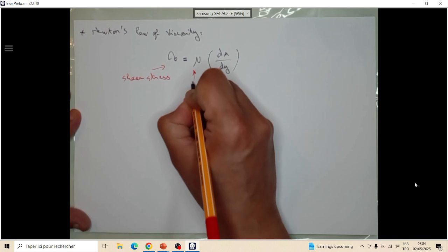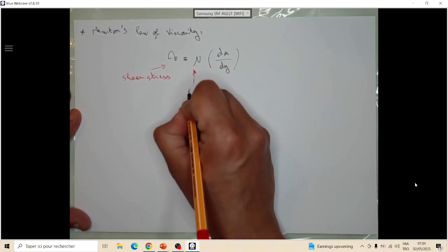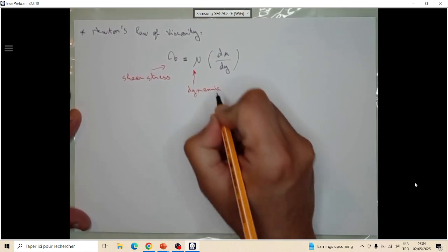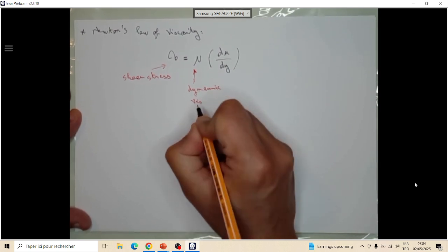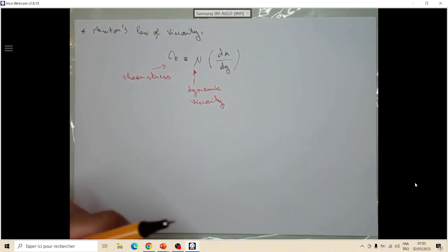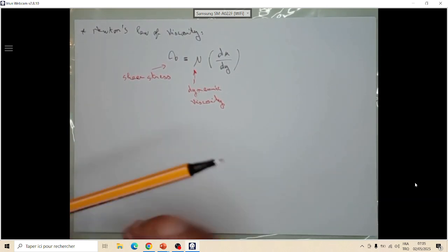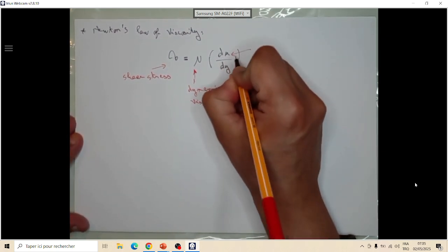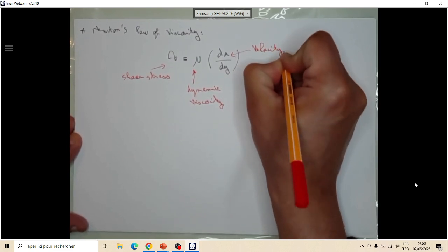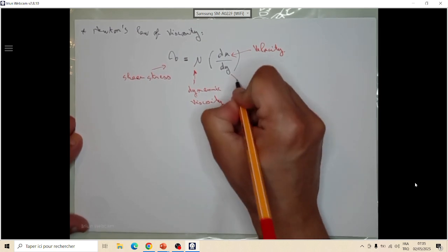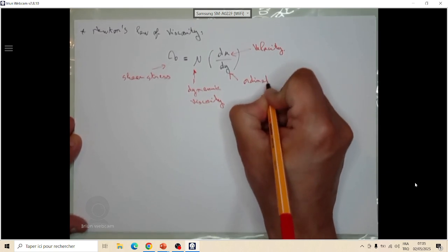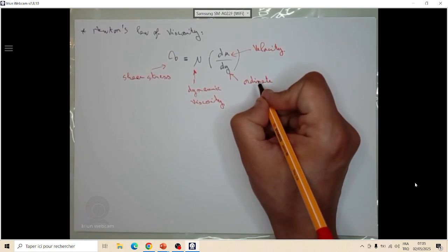The mu that we see here is the dynamic viscosity. And du that we see here is velocity. And y that we see here is the ordinate, or the vertical distance between the two plates.